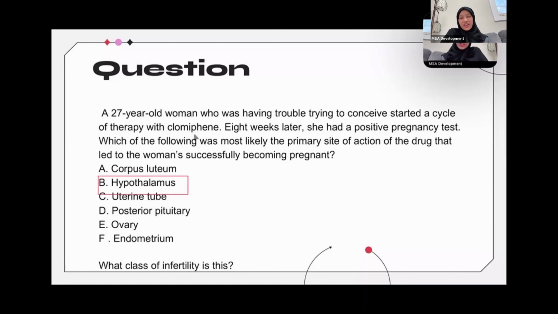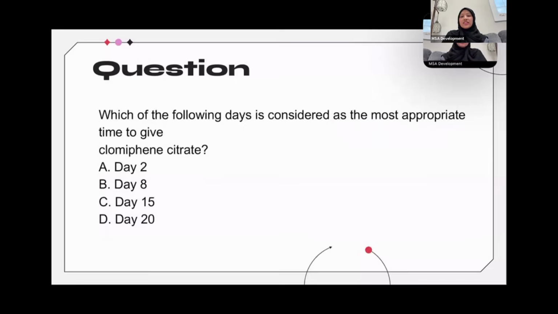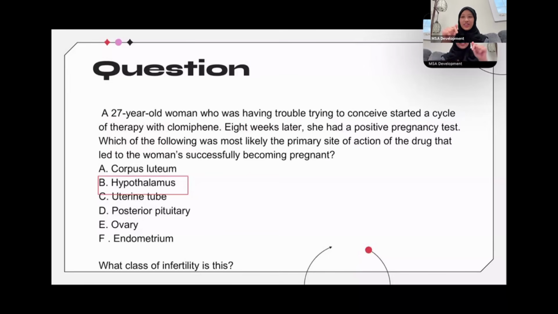They should have been started on letrozole, but this is just how the question is. What class of infertility is this? If they are being started on clomiphene, the person is obese, has a lot of acne, hirsutism, and irregular periods. This is class 2, or PCOS.